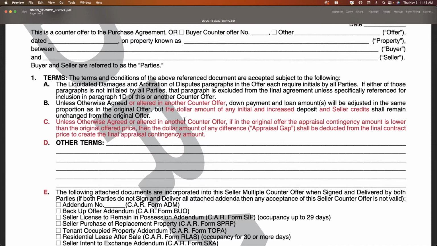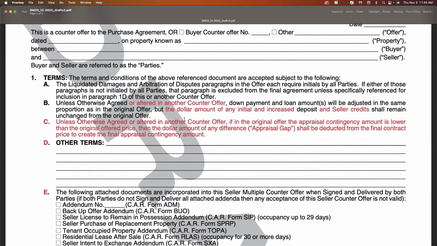And then the other new form here: unless otherwise agreed or altered in another counter, if in the original offer the appraisal contingency amount is lower than the original offer price, then the dollar amount of any difference, the appraisal gap, shall be deducted from the final contract price to create the final appraisal contingency amount.